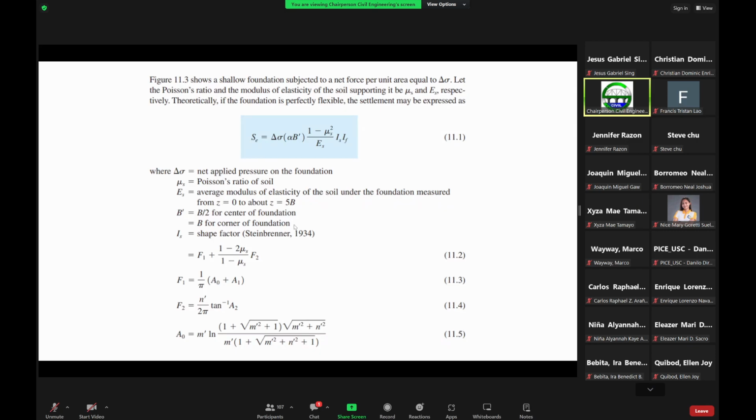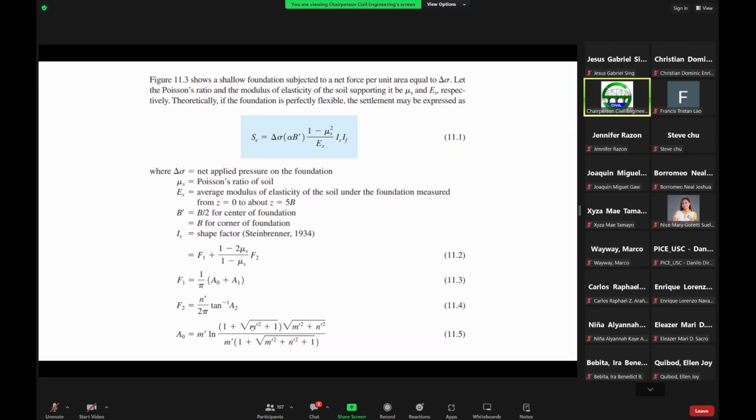So that's equal to f sub 1 plus this term here with respect to mu sub s times f sub 2, where f sub 1 is equal to this formula here as a function of a sub 0 and a sub 1. And then f sub 2 here is a function of a sub 2 and n prime.